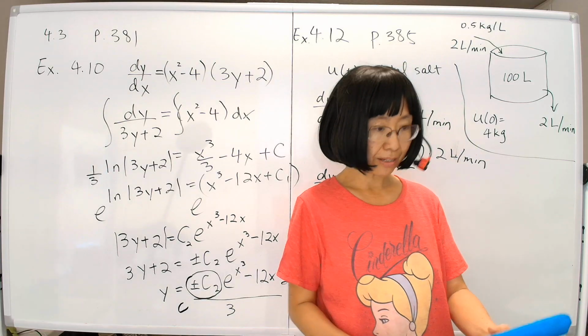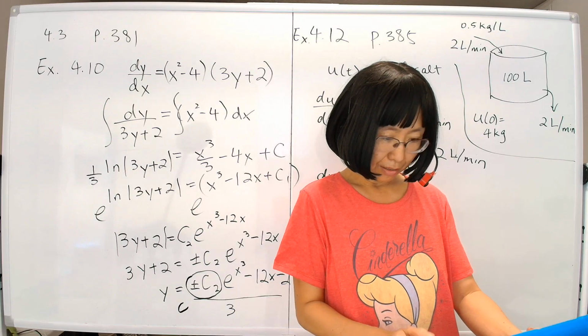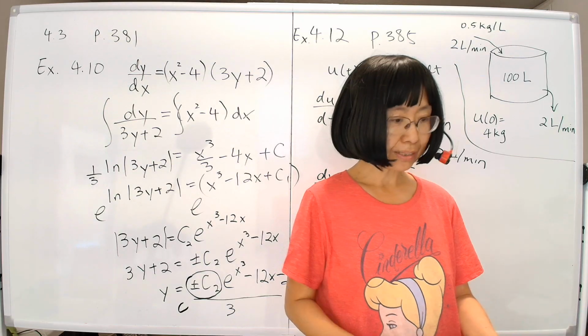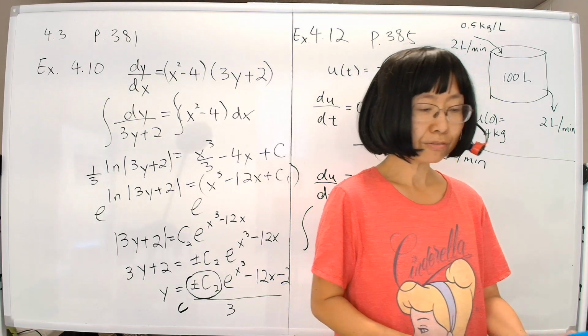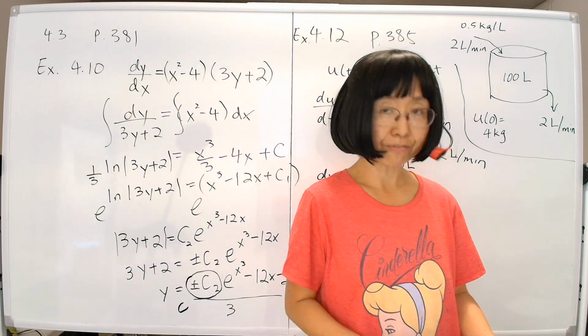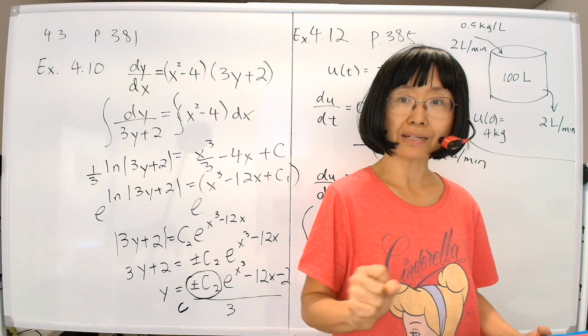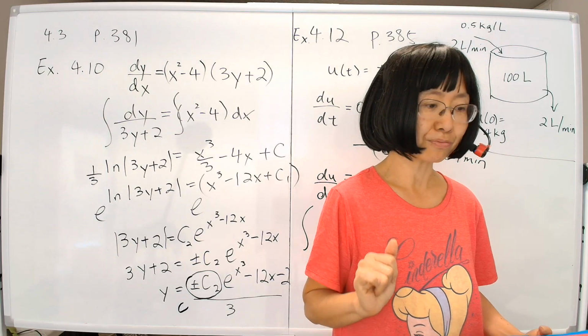Now for homework on page 391, please do problems 119, 121. 121 has a small error, as I note in the video description underneath. It should read minus y plus 1 instead of just y plus 1.